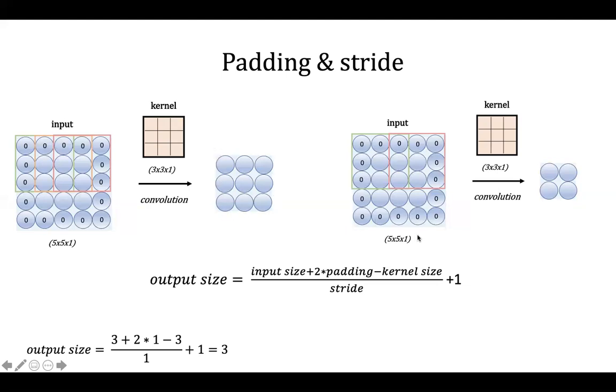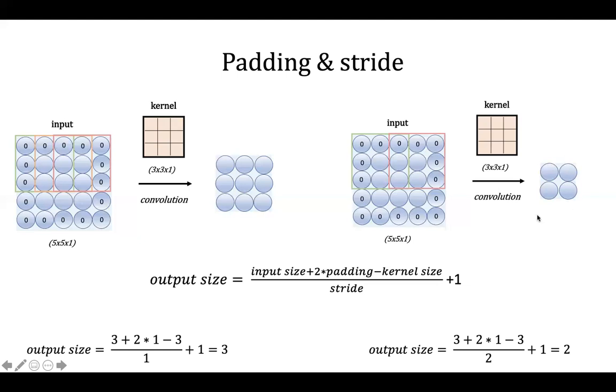If we increase stride, as in this example, where we move the frame by 2 pixels, then we have 3 plus 2 by 1, minus 3, divided by, now, stride equals 2, which results in a smaller output size of 2. So we have a 2 by 2 matrix.